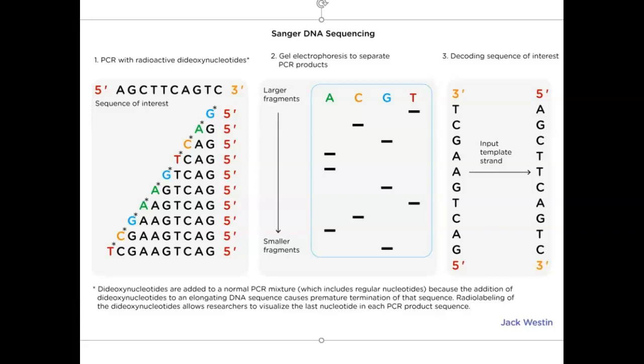So how would this basically work? You basically do a regular PCR at first with a primer, but you really only use a forward primer. The difference is that you have a few radioactive dideoxynucleotides. So you have your regular A's, T's, C's, G's in there, but you also have some that are radioactively labeled and also will cause chain termination.